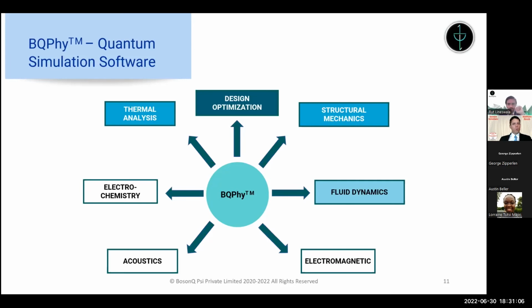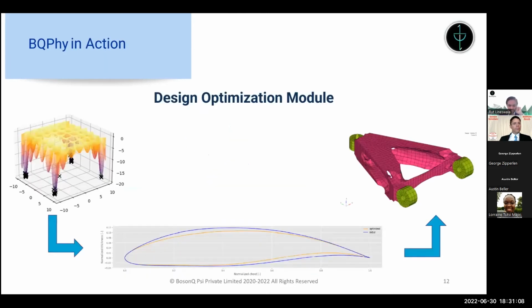So I'm going to now show a few examples of our software BQ5 already in action. And so this is our design optimization module that we've created. This is about the whole methodology of how we came up with the design optimization module.